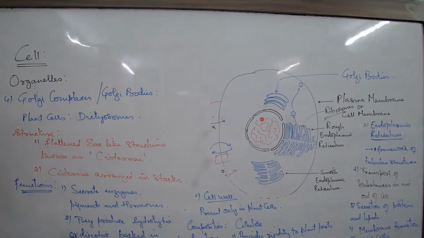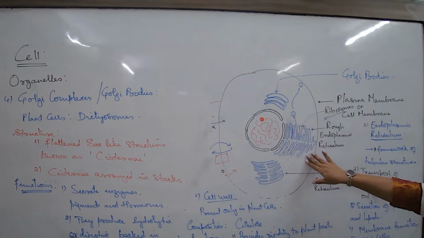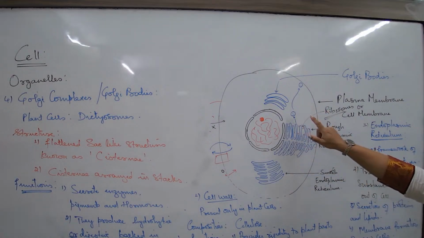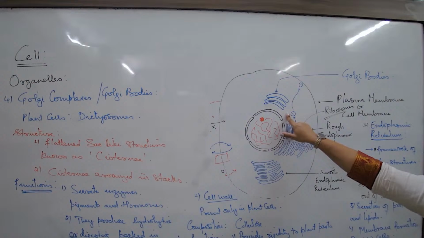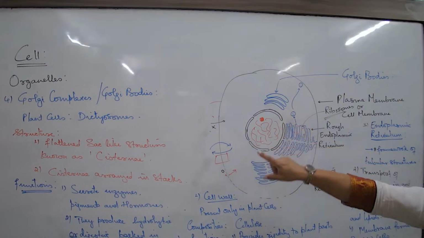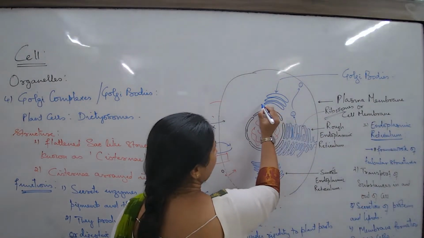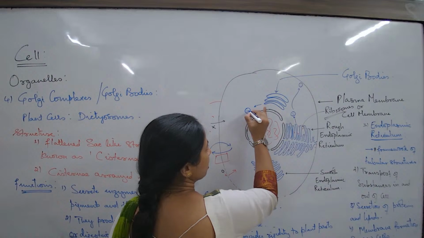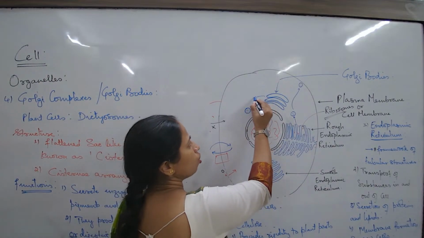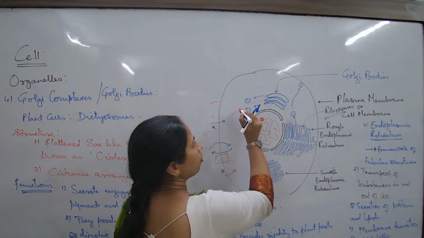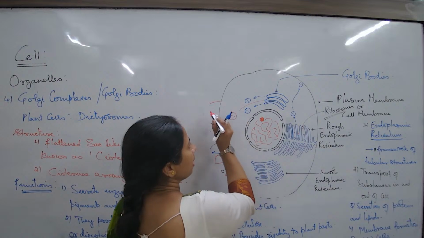So, two special features of the Golgi complex: it is in the form of sac-like structures arranged near the nucleus, near the endoplasmic reticulum. They are producing a variety of enzymes, proteins, pigments, etc., in many such packets, but one type of packet that they produce will always contain digestive enzymes.